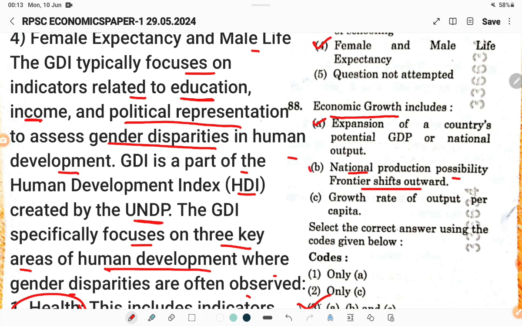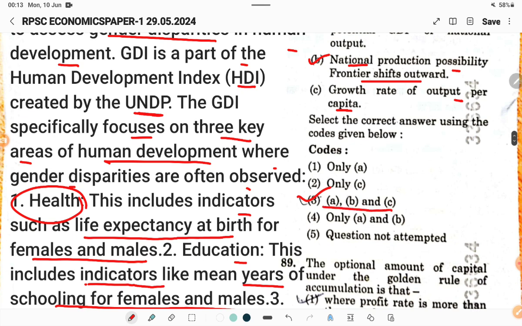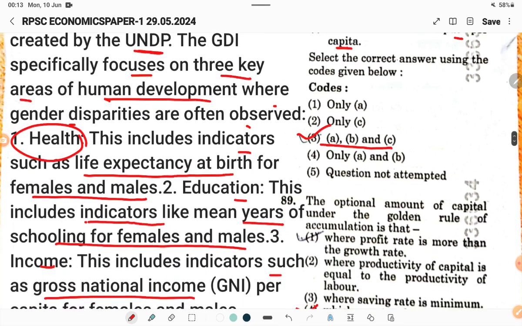So that's one. This will also be right. And now the next, growth rate of output per capita. In economic growth, it also includes growth rate of output per capita, because this metric provides insights into the average standard of living and economic well-being of individuals in a country over time. So all the three statements are correct here, and third will be the right answer here.